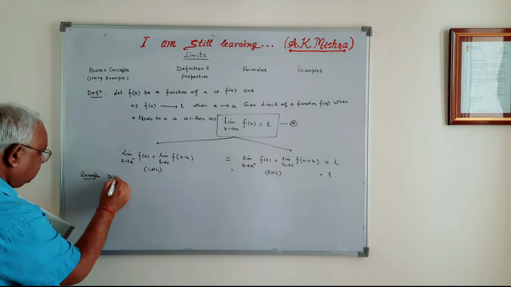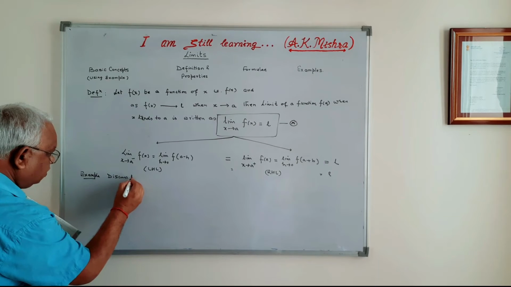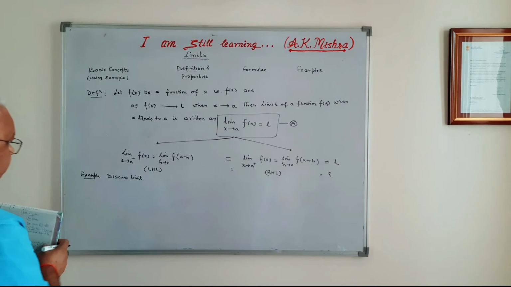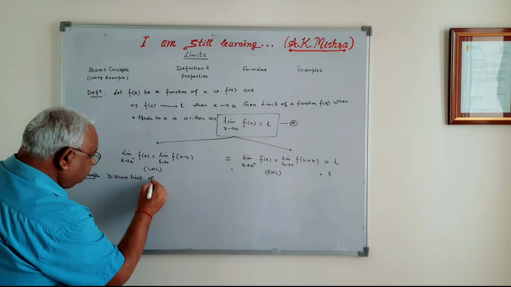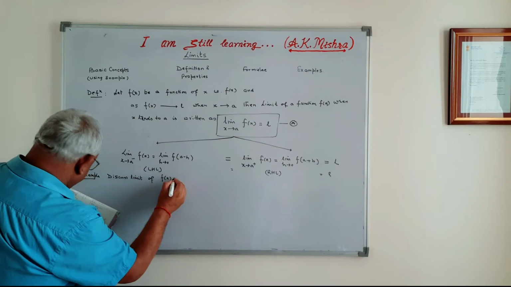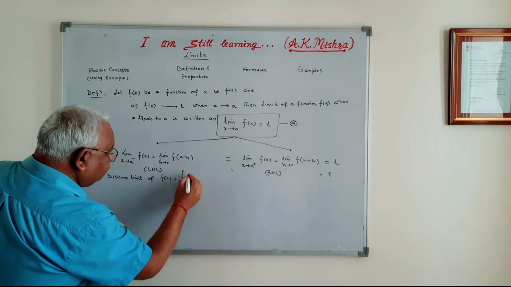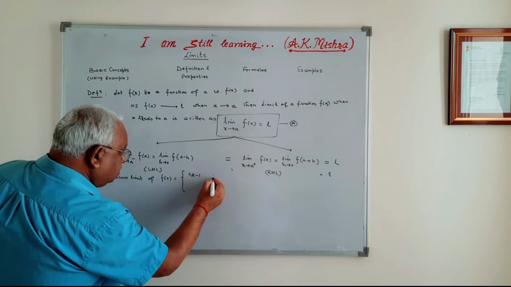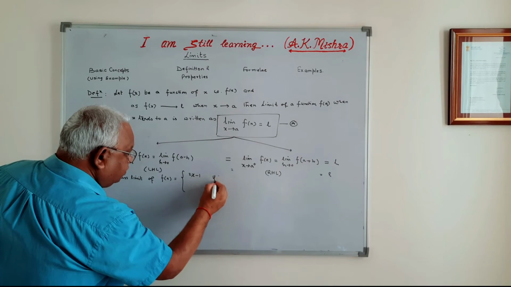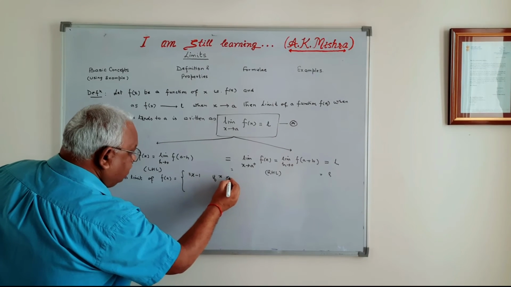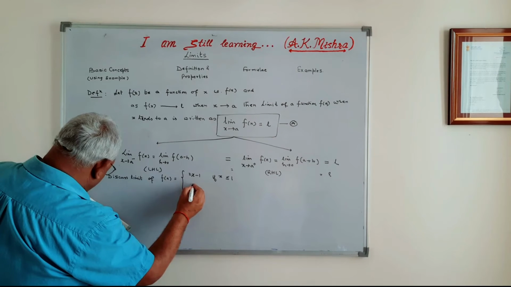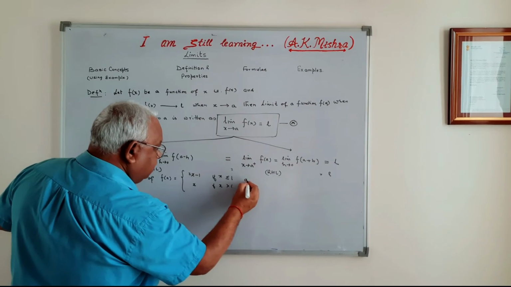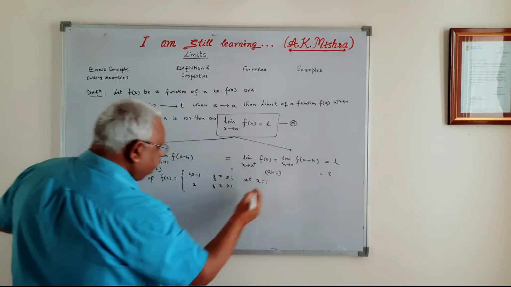Discuss limit of f(x) equal to 2x minus 1 if x is less than or equal to 1, and it is x if x is greater than 1, at x equal to 1.